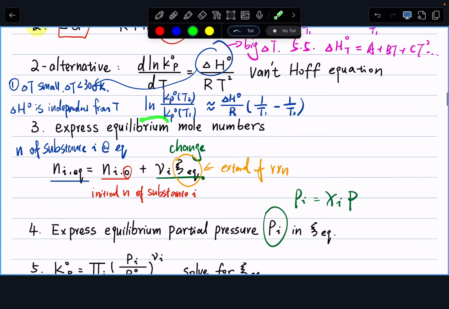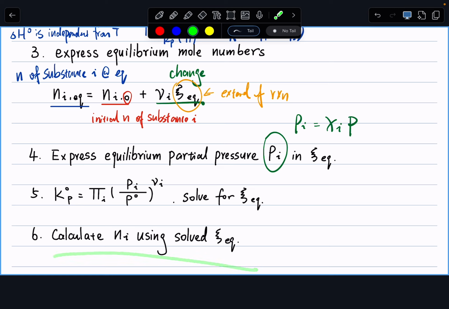And then how do we set up your calculation by expressing your number of moles of your species at equilibrium using initial condition and also your extent of reaction xi. And at the end, you can calculate the equilibrium mixture. And in this process, we also demonstrated that the direction of the reaction doesn't matter how we draw it, right? What is the real reactant depends on the combination of your stoichiometric coefficient and the extent of reaction. It can be a backward reaction as well.